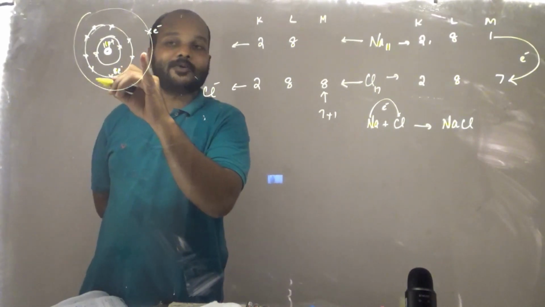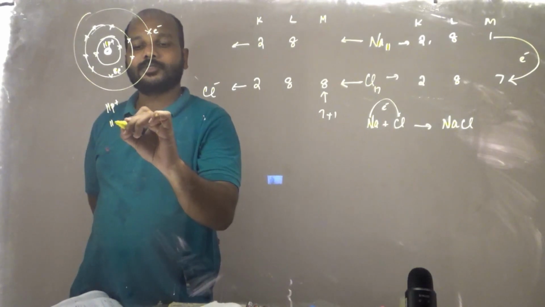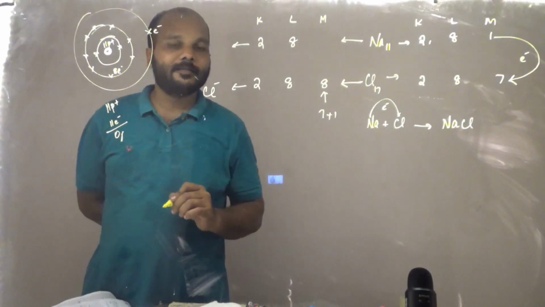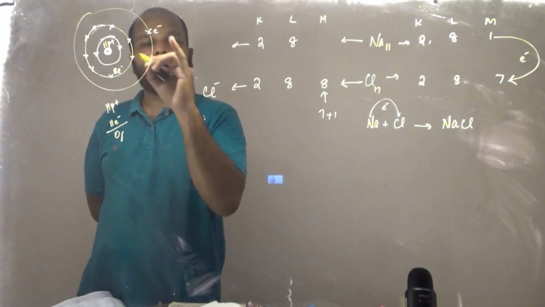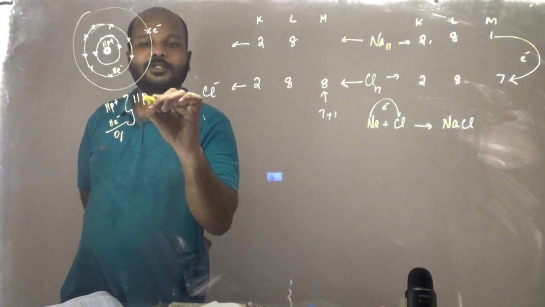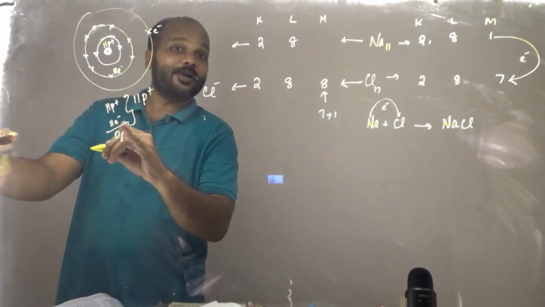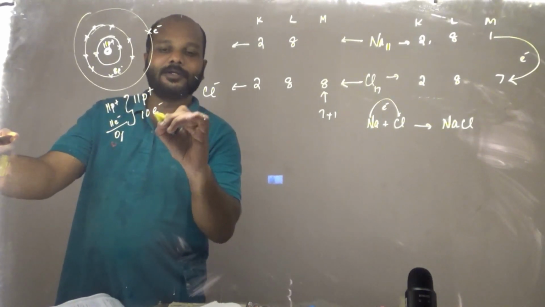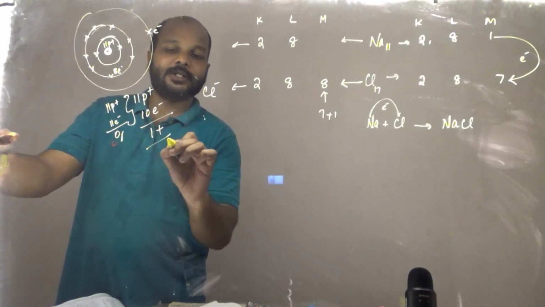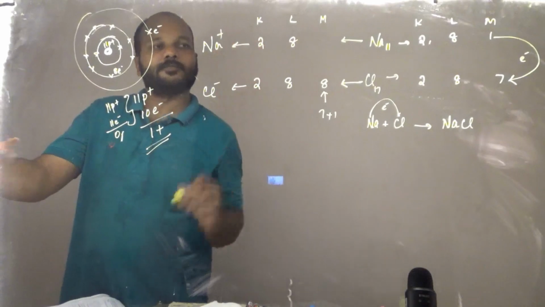A neutral sodium atom has 11 protons and 11 electrons, so it has a 0 charge. Now when it loses 1 electron, the proton number will not change, 11 positive charges remain, and it will have 10 electrons. So the charge is 1 positive, and sodium exists as Na plus.